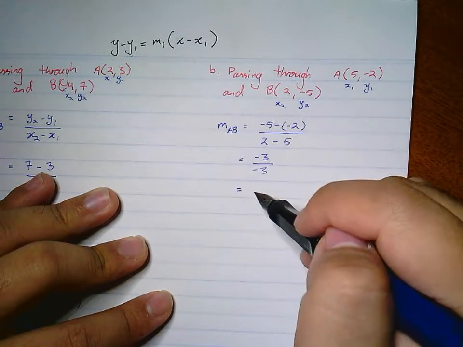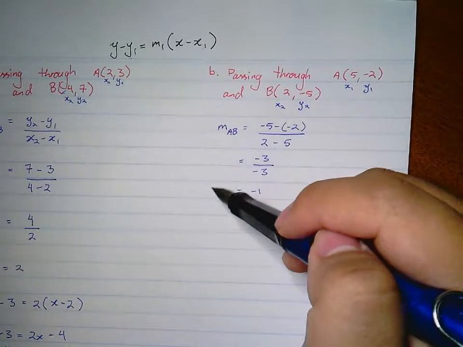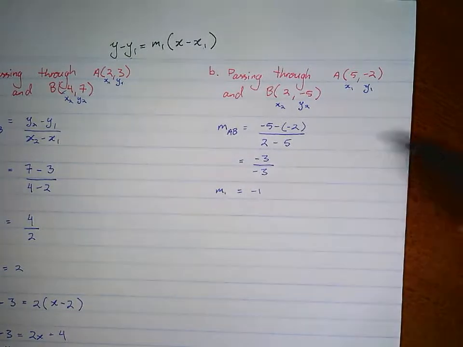This gives me a gradient of negative 1. So let's label that m1. That's what we're going to be using now.